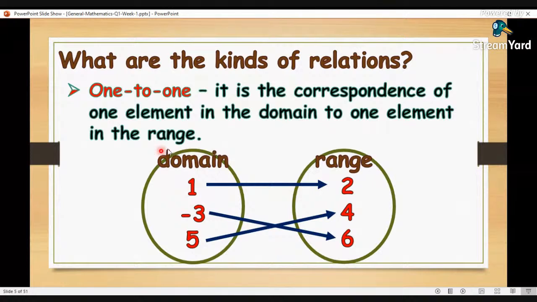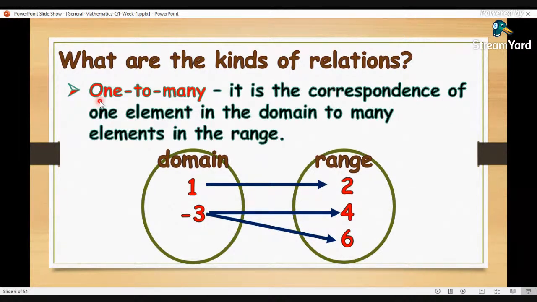Though pareho man na nga if ang lalaki is the domain, kag babayi is the range. If one lalaki mangaluyag sa isa ka babayi, it has a possibility nga mag-function. So, one-to-one is a function. Next, let's proceed with one-to-many.